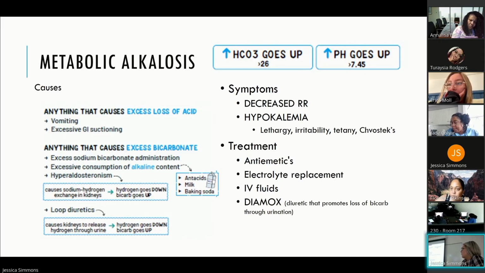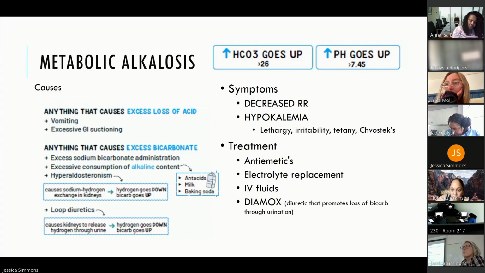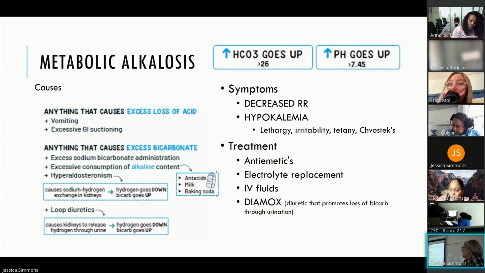Hyperaldosteronism. It causes sodium and hydrogen exchange in the kidneys, which cause hydrogen going down and bicarb going up. Loop diuretics also put us at risk for metabolic alkalosis because it causes the kidneys to release hydrogen.